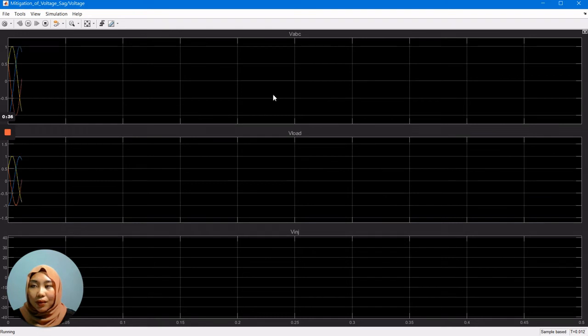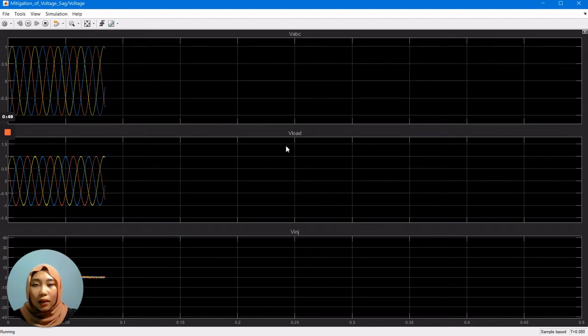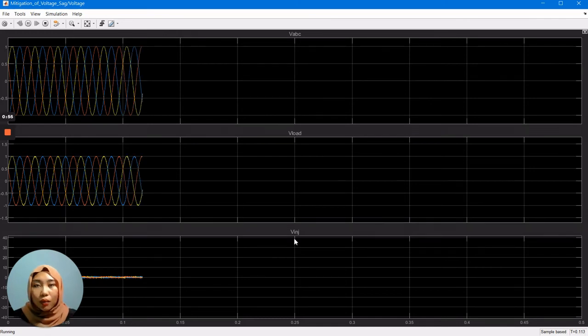So this is the result from the simulation. There are three voltages. The first one is the voltage ABC, which is from the transformer winding. The second one is the voltage in the load. And the third one is the injected voltage during the injection mode.